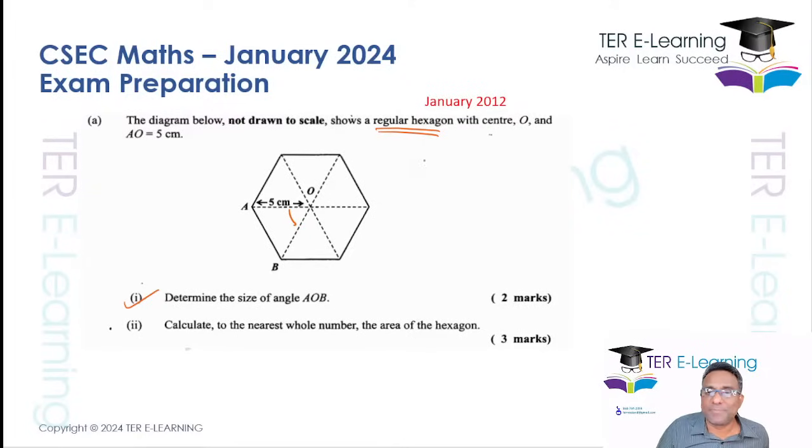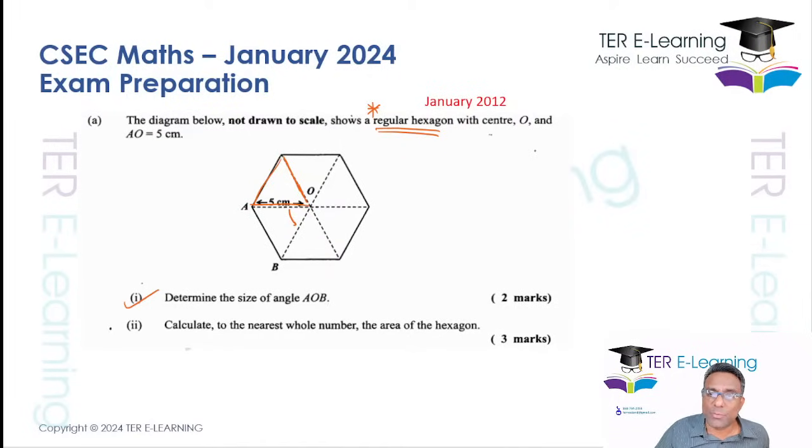Now here's the thing. Because this diagram here, or this shape, is a regular hexagon, it's a six-sided figure, right? It means that all of the sides are equal, and all of these triangles that we have inside here, this triangle here, this, right? All of them are identical. All of those triangles are identical, right?